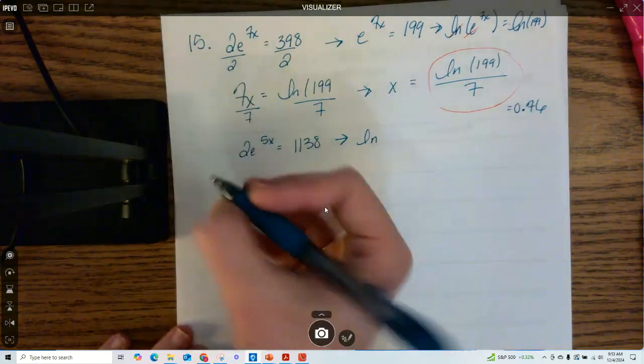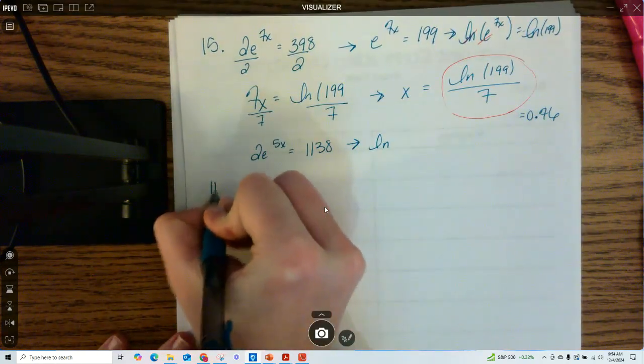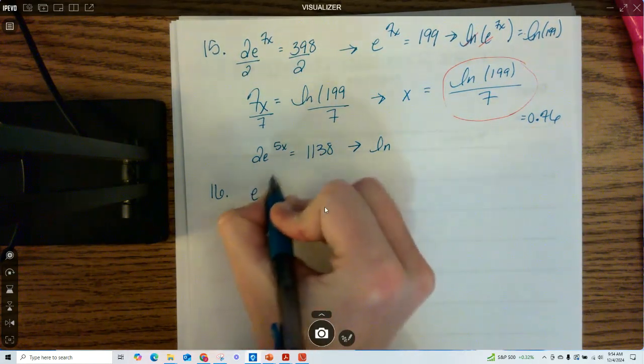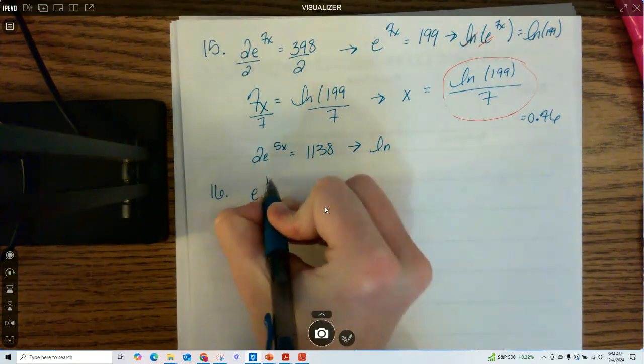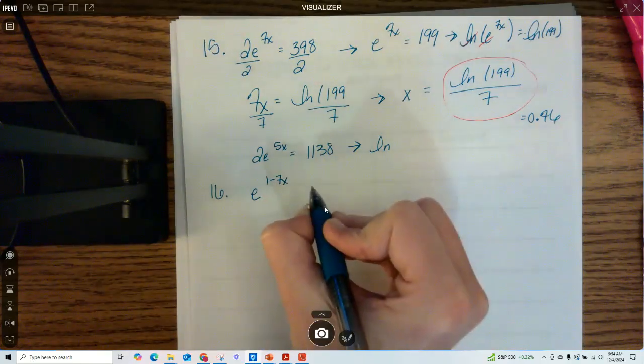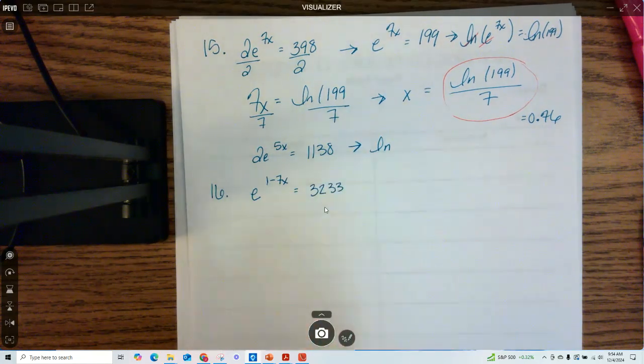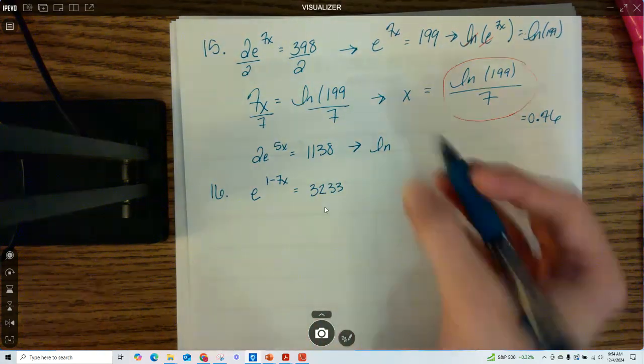Okay, 16. It's the same thing, but it's e to the power of 1 minus 7x equals 3233. Should work the same way.